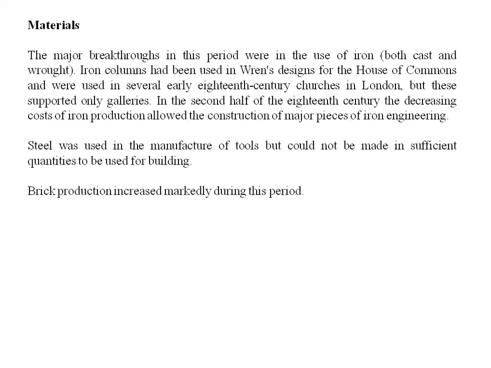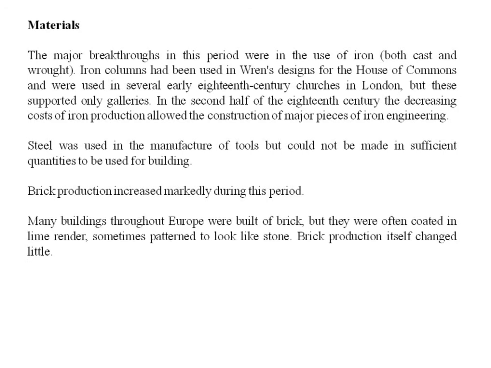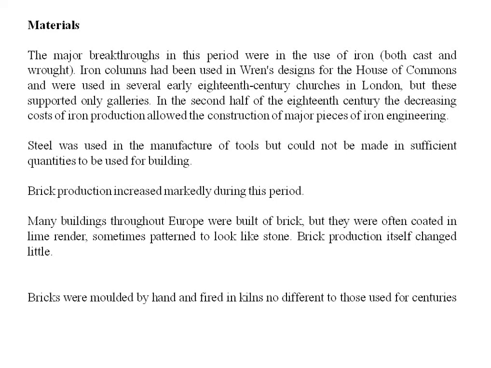Brick production increased markedly during this period. Many buildings throughout Europe were built of brick, but they were often coated in lime render, sometimes patterned to look like stone. Brick production itself changed little.